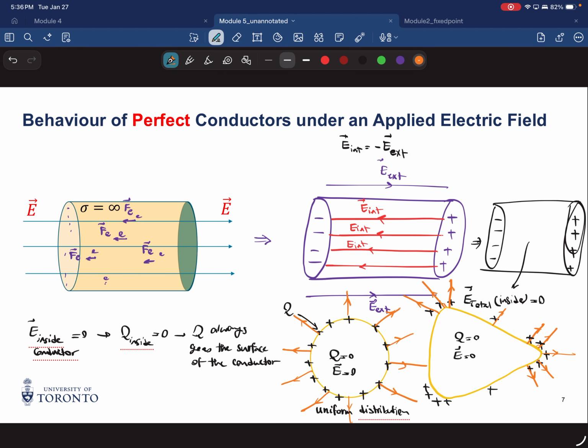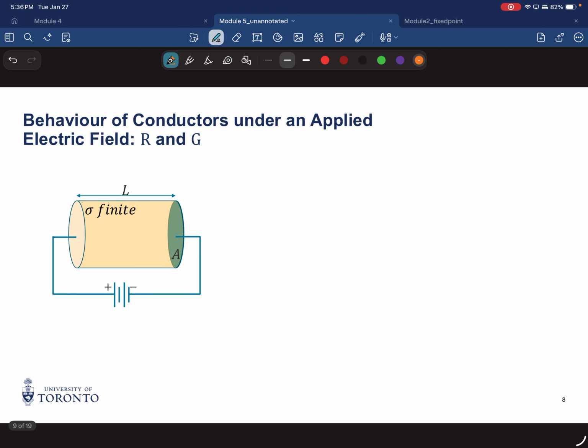Okay. Now let's move on. That was the case of a perfect conductor. For a perfect conductor, because we had an infinite number of electrons, and they were unbounded, the internal electric field would be as strong as the external one, and they would cancel each other.